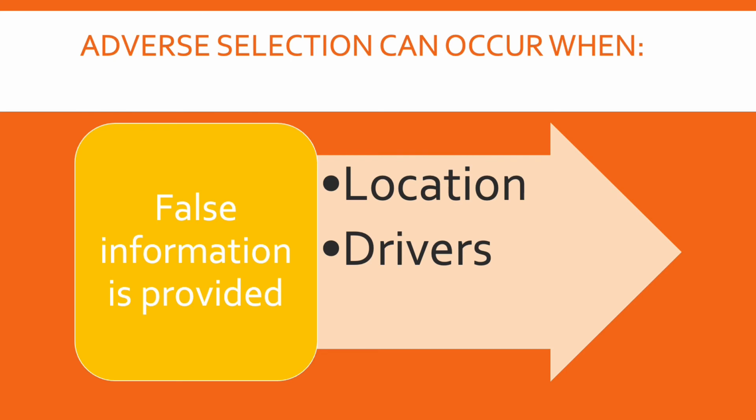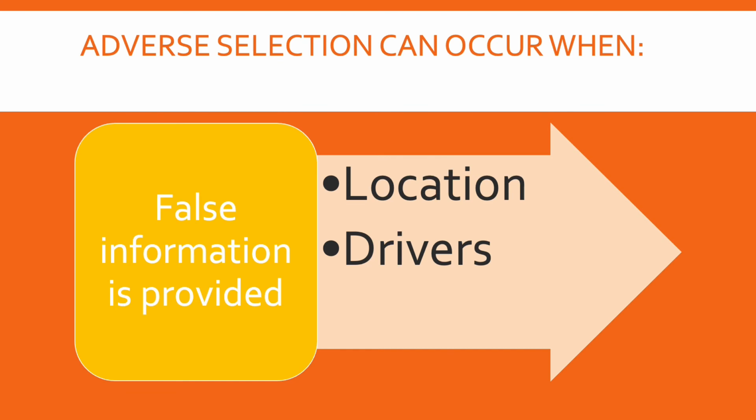Adverse selection can occur when the applicant gives false information on their application. Some people realize that they're an adverse risk and they will falsify information on their application in order to pay a lower premium.